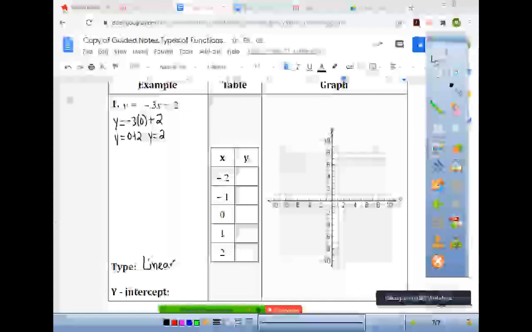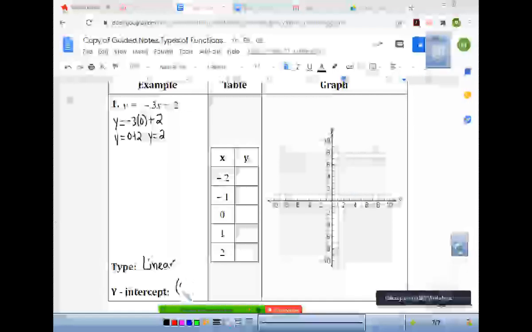So my y-intercept is the ordered pair (0, 2). If we look at our table, I think that's one of our points, don't you think? Look, right here, when x is 0, we already know y is what? 2.